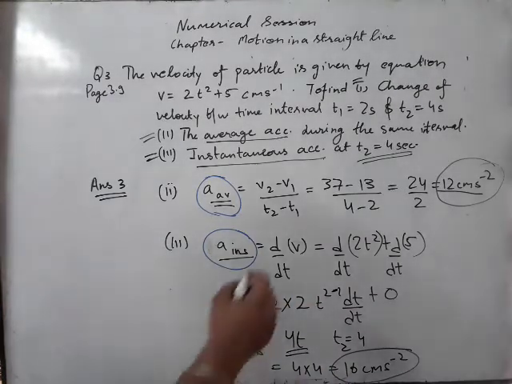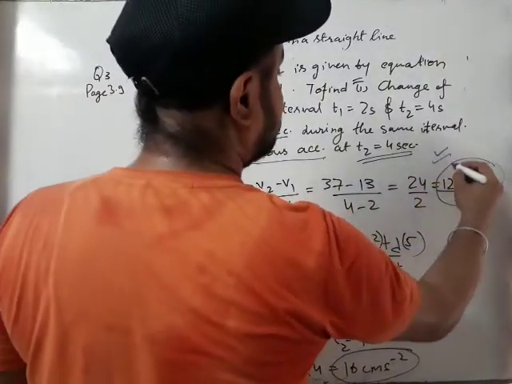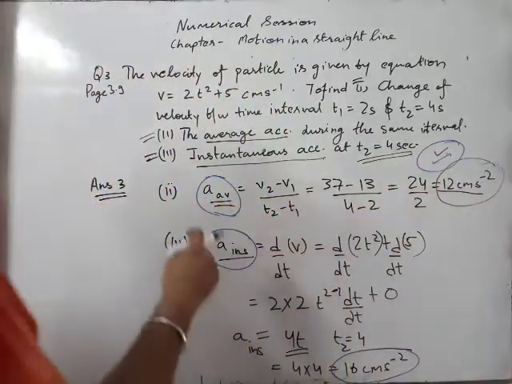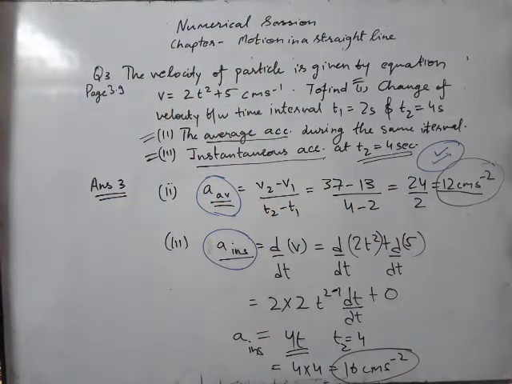But average acceleration is for the whole journey, that is, how much journey the particle is traveling, it is given by average acceleration, that will be for the whole journey, and regarding instantaneous, it is for a particular time. Likewise for t2 we found 16, and for t1 that could be 8 centimeter per second square. Do take care of the units of whatever quantity you are writing.